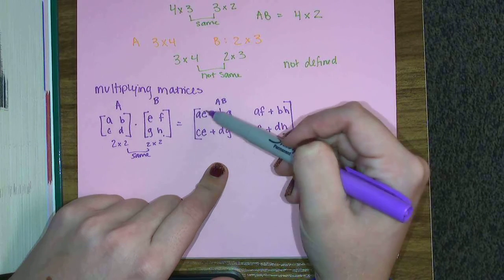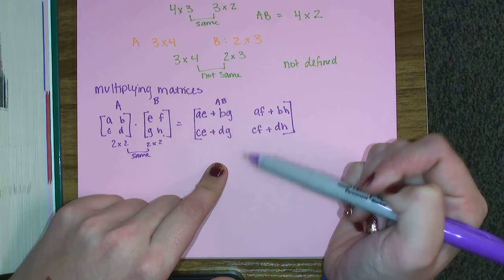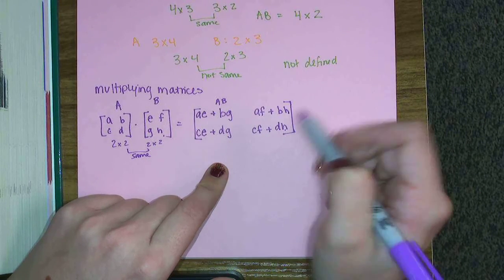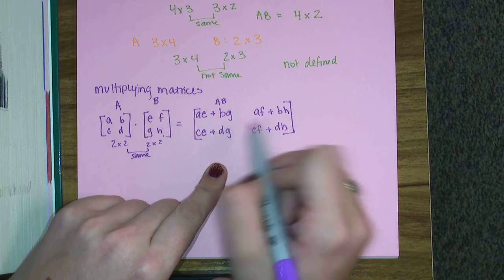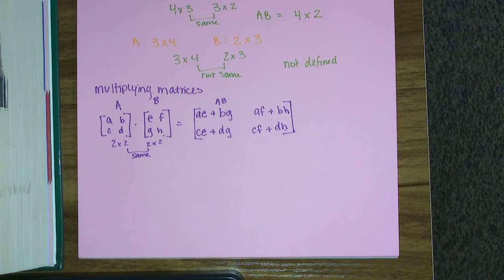The two things in the columns are lined up, and then I have done each element here. Okay, columns lined up, okay, and then here the rows are lined up, A and A, B and B, C and C, D and D, okay, so that is how you multiply everything together.